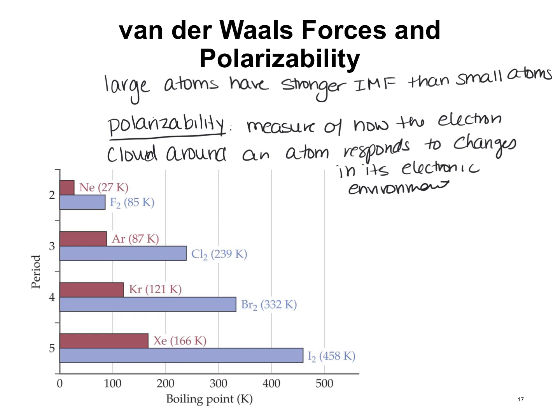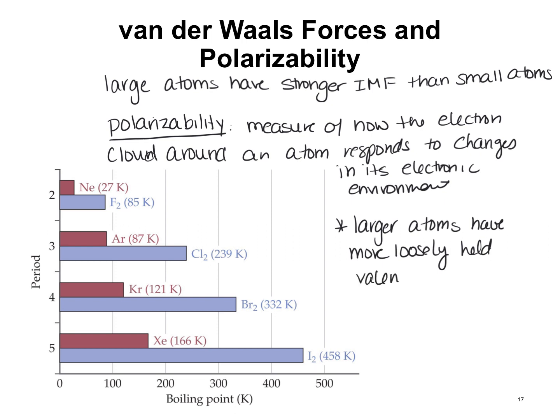And so larger atoms have more loosely held valence electrons, right? And so they're more polarizable than smaller atoms.